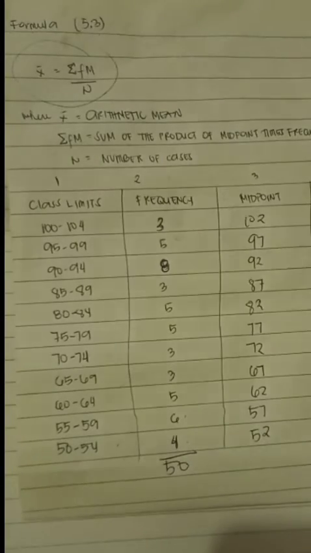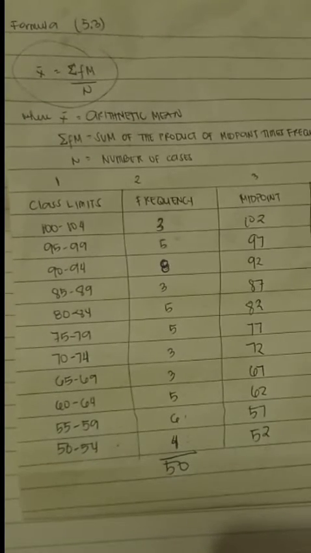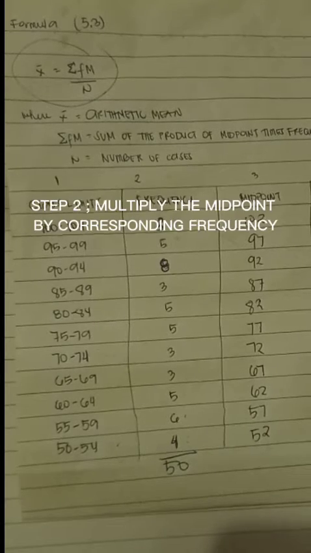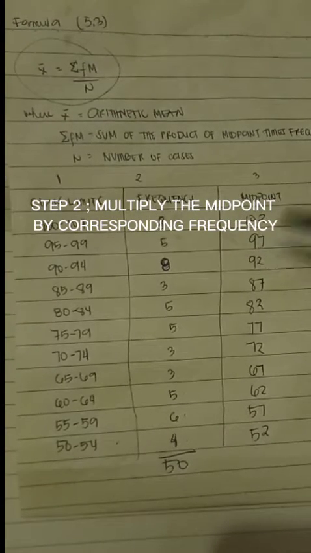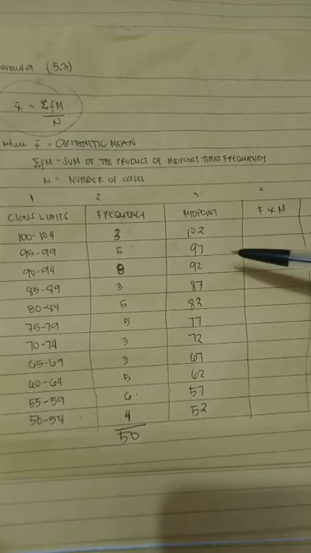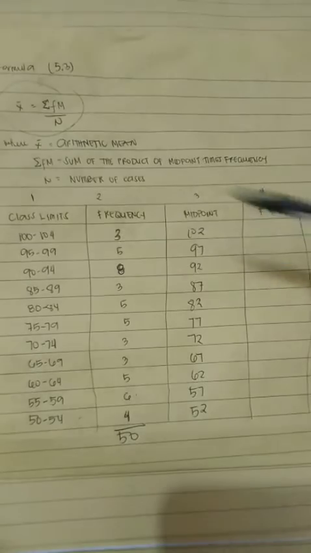And after that, let's proceed to step 2, which is multiply the midpoint by frequency. As you can see, every midpoint has a corresponding frequency. So we're going to multiply the midpoint to its corresponding frequency.